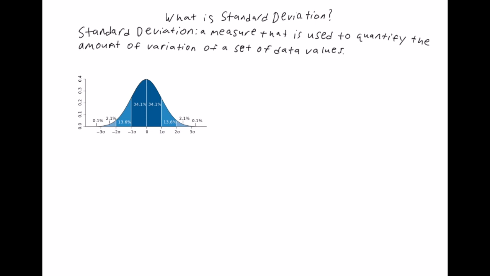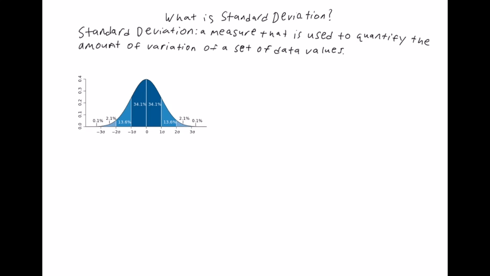And I like to show that using a graph like this. Don't worry about the percents. The percents aren't totally important right now. And I know most of the graphs we're working with are histograms and dot plots and box plots. But this is a curved graph. Specifically, it's a bell graph.